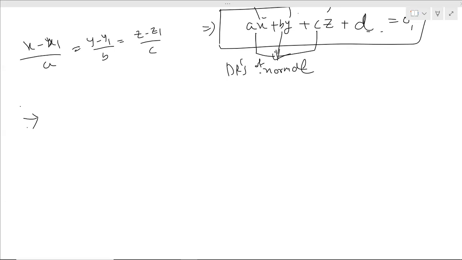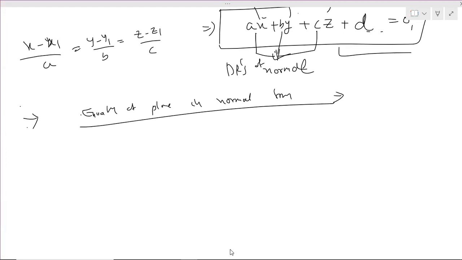So this is Cartesian form. One thing is extremely important here. Write down the equation of plane in normal form. What does it mean?